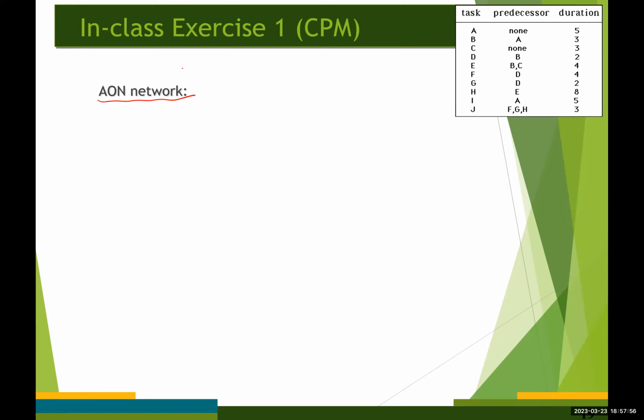For the AON network, the start and ending nodes are the only dummy activities required for building up the network, okay. And here, both activities A and C have no predecessors, right?